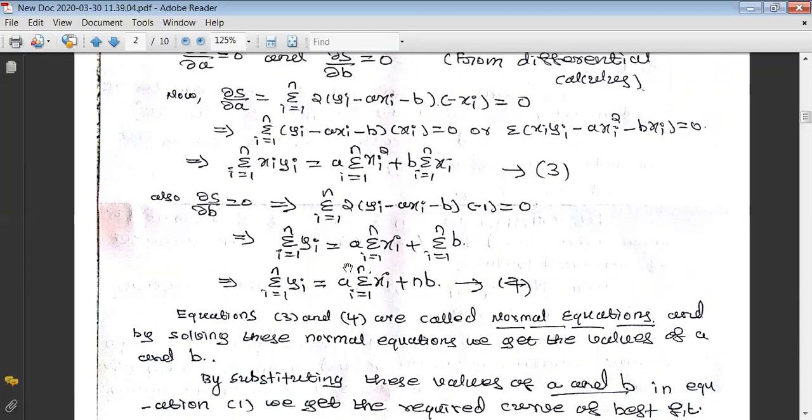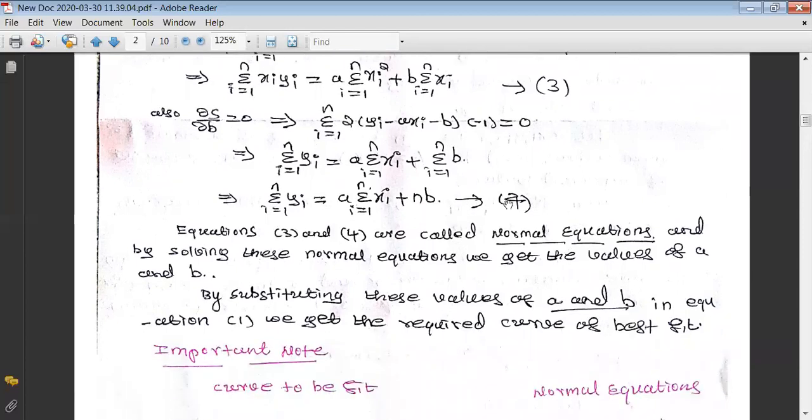Once we simplify this after taking the summation, we get summation i varies from 1 to n yi equals a into summation xi plus n into b, because here the constant b is added n times, and when we add a constant n times, its value is n times that constant. That's why the summation of b, where i varies from 1 to n, is n into b. Now let us take this as equation number 4.